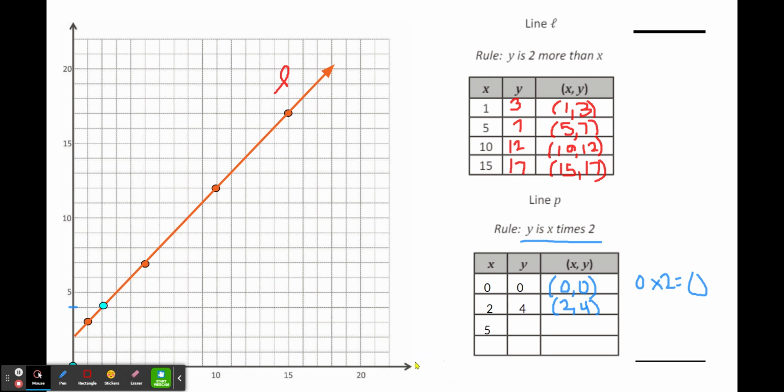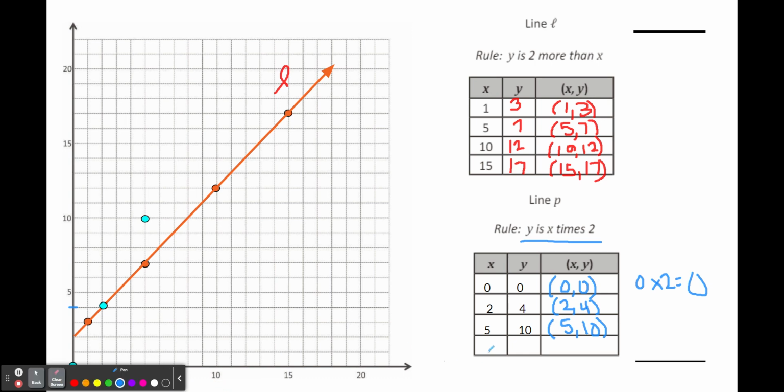All right, what about if I have an x of 5? That's going to give me a y of 10 because I took 5 times 2, that gave me 10. So my ordered pair is going to be 5, 10. So the location on my coordinate plane is going to be right over there.